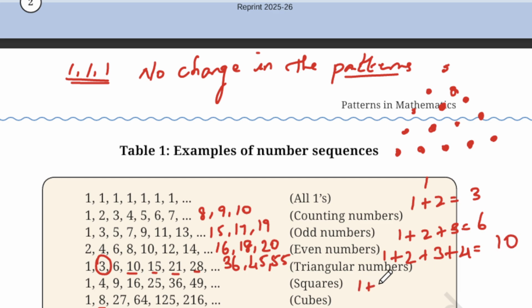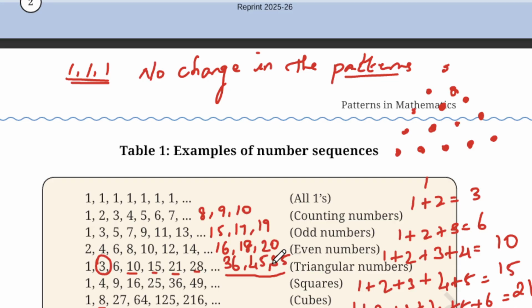Likewise 1 plus 2 plus 3 plus 4 plus 5 is equal to 15. Next again 1 plus 2 plus 3 plus 4 plus 5 plus 6, you get 21. So likewise if you go on, you will get these numbers.